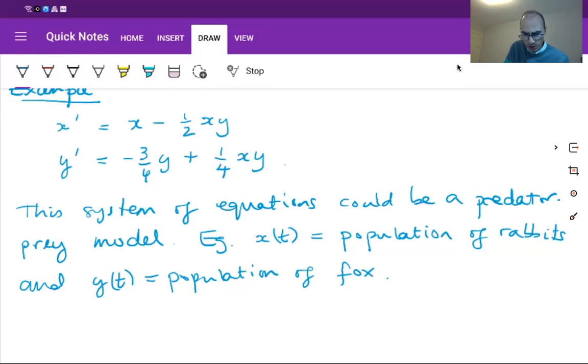prey species. So for the predator species, we have y prime is equal to minus 3/4 y plus a quarter xy. The negative coefficient of y, we could think of as overcrowding.